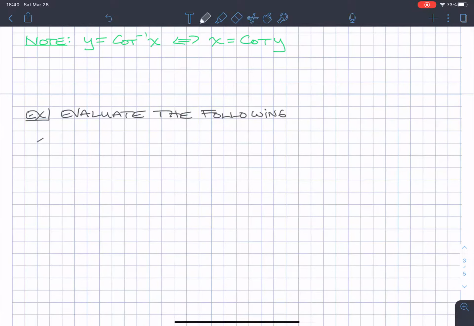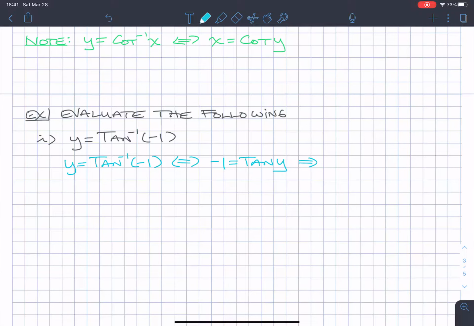Okay, so number 1, let's say we have y is equal to inverse tangent of -1. Well, this is if and only if -1 is regular tangent of y. So at what angle is tangent -1?